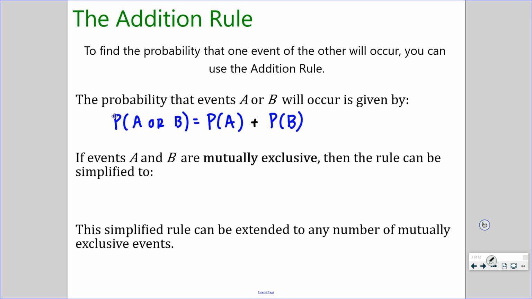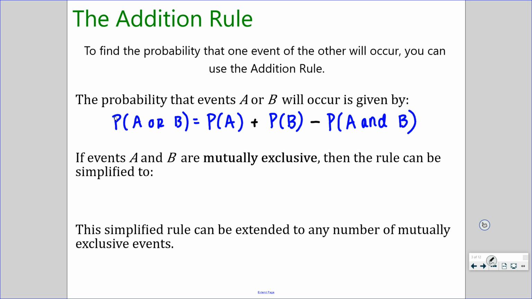For example, what's the probability of drawing a king or a heart? The probability of drawing a king is 4 out of 52. Heart is 13 out of 52, but I counted the king of hearts twice in that count, right? There was an overlap there. So you have to subtract out the probability of both of them happening, because you're essentially double counting it.